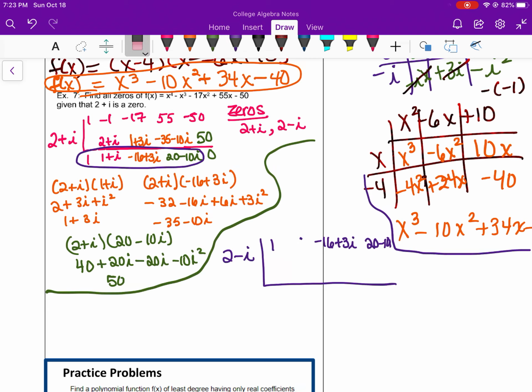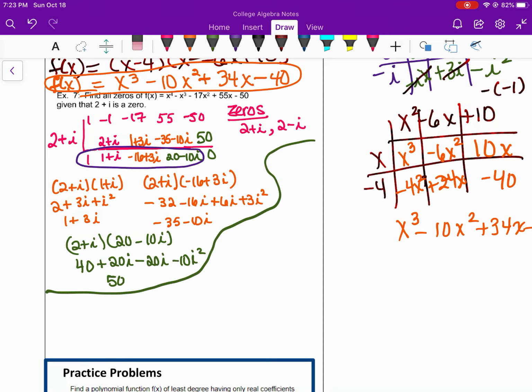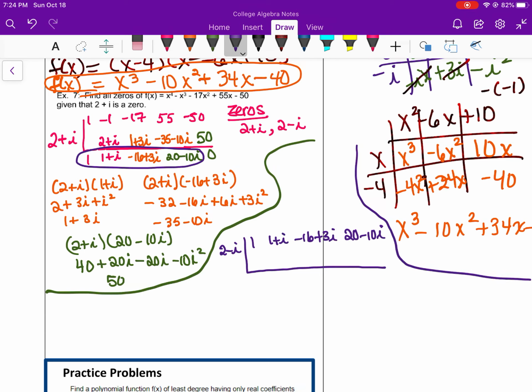That's really crowded. Let me try this again. So we want to do 2 minus i. There we go. And then 1 plus i, minus 16 plus 3i, and 20 minus 10i. And okay, here we go.